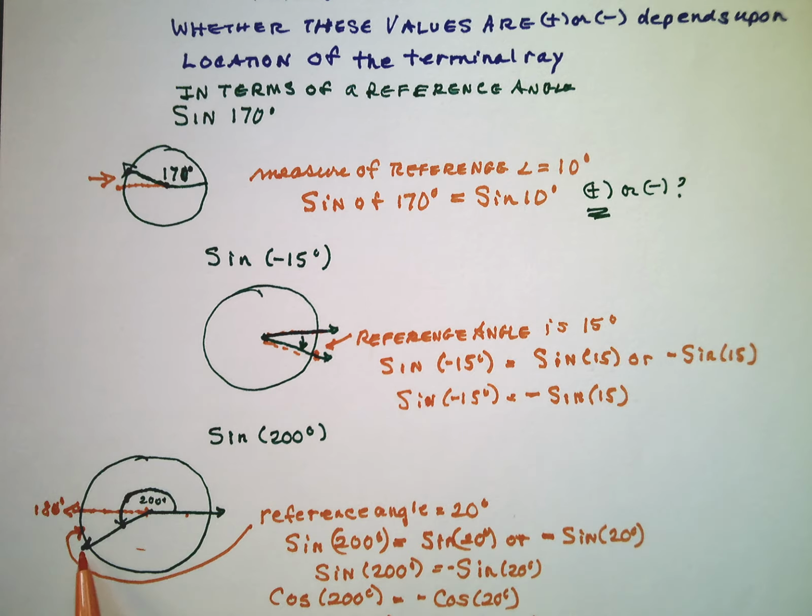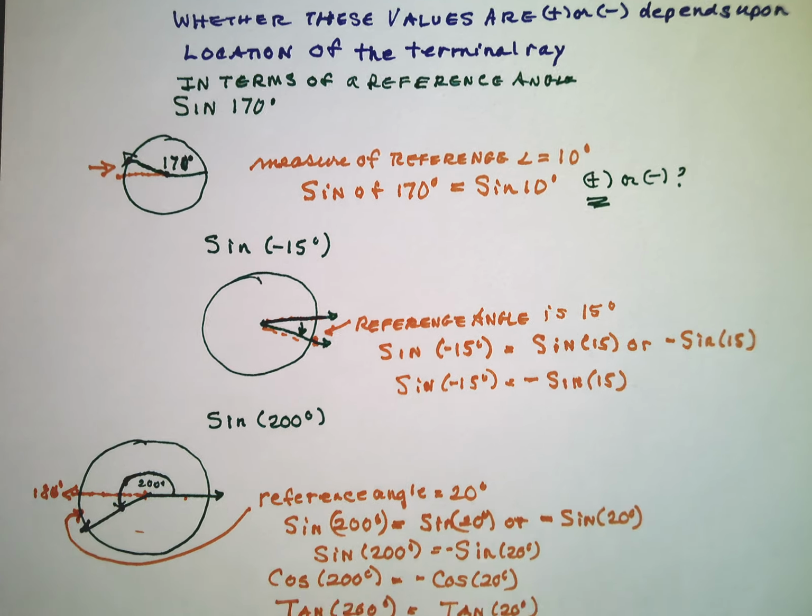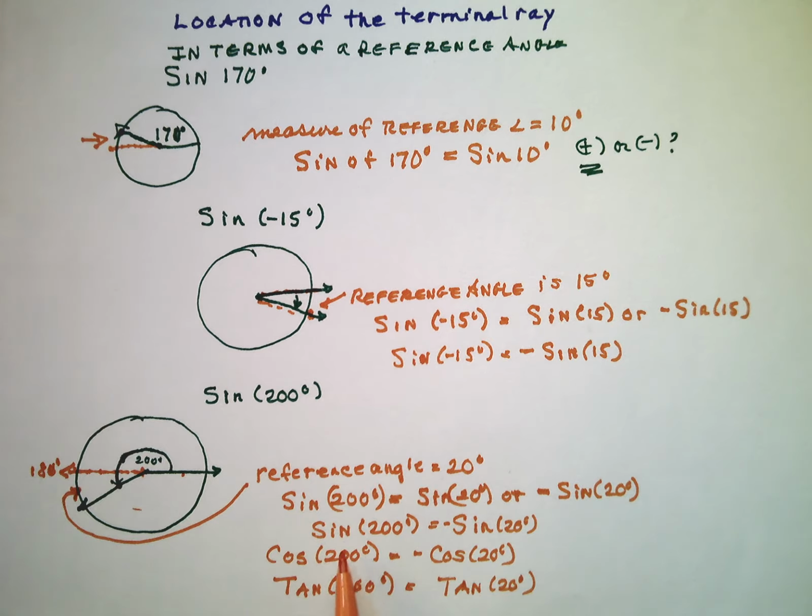We'd have to decide in this quadrant, is the tangent value positive or is it negative? Well, tangent is sine divided by cosine. If the sine's going to be negative and the cosine's going to be negative, the tangent would be positive. So it's pulling together a lot of the stuff we already know.